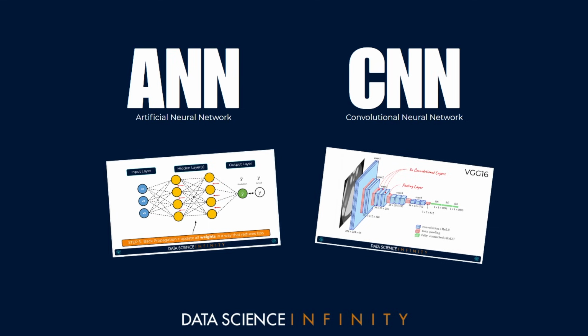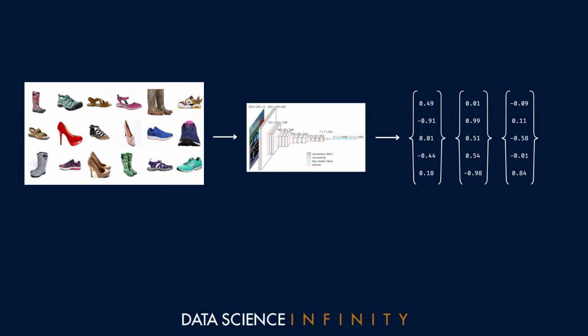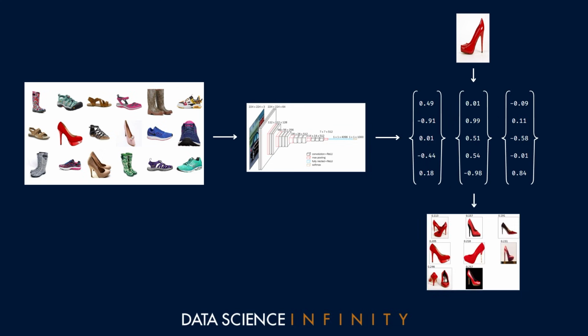And a transformer is very similar in this context. If you remember our image search engine project, where we passed many shoe images through a pre-trained network, VGG16 in this case, and thus we created vectors that stored abstract numeric representations of all the different shoes and their features. With these vectors, we could then pass in a new shoe, create those same vectors, compare them to the ones that we had stored, and output the best matches.